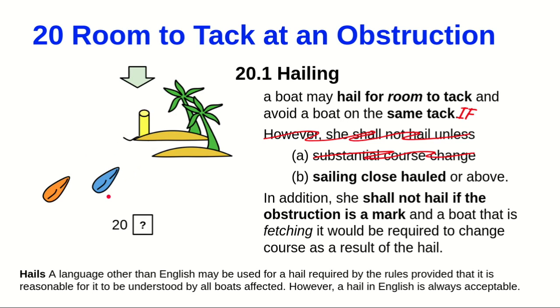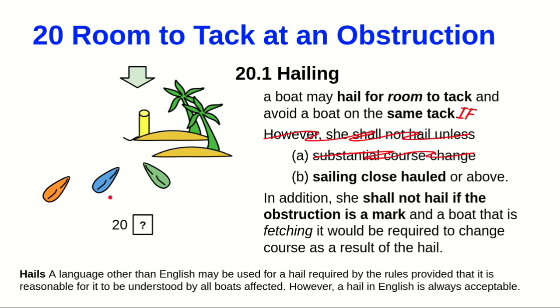So 20.1 says that blue may not hail for room to tack in this situation because it's a mark and orange is fetching it. So in this situation, blue is in a world of pain, hasn't really got anywhere to go, but we'll see how that plays out in a second.